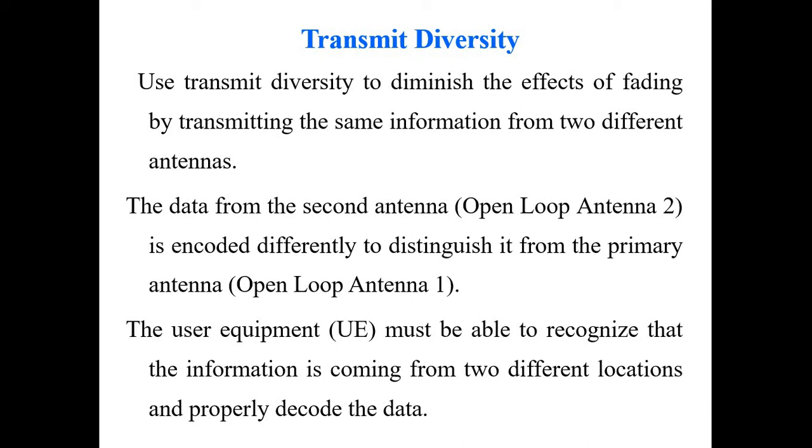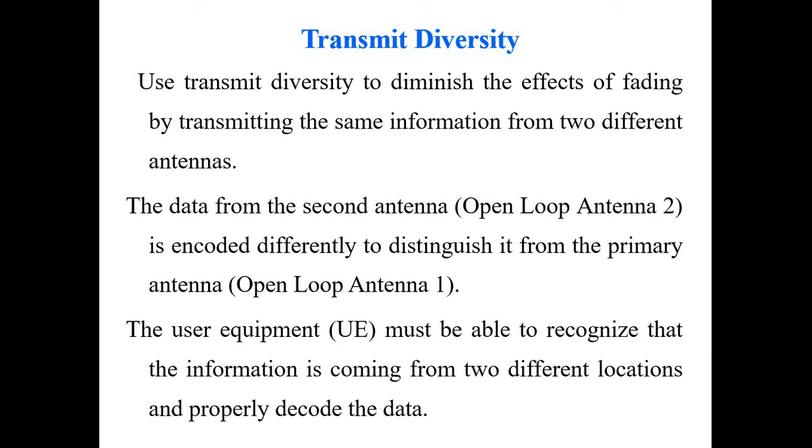In this scenario, the first antenna is open loop antenna 1, the second antenna is open loop antenna 2, and the user equipment should recognize that the information is now coming from two different locations, and we need to properly decode the data.